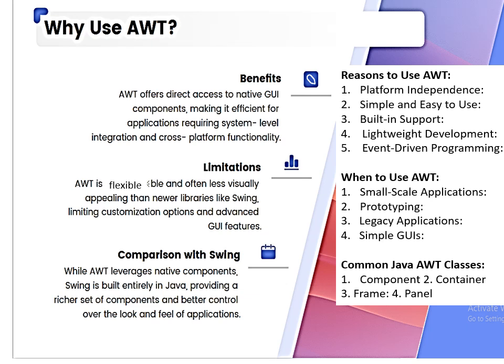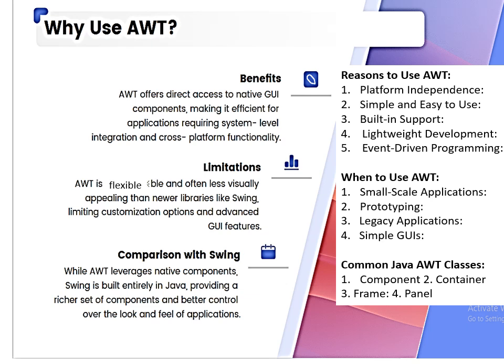Here, the limitation: AWT is inflexible and often less visually appealing than newer libraries like Swing, limiting customization options and advanced GUI features. AWT is used in some special kinds of programs only: small scale applications, prototyping, legacy applications, and simple GUI programs that are easily developed using AWT.